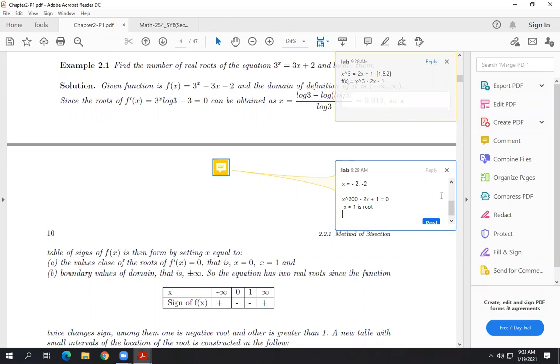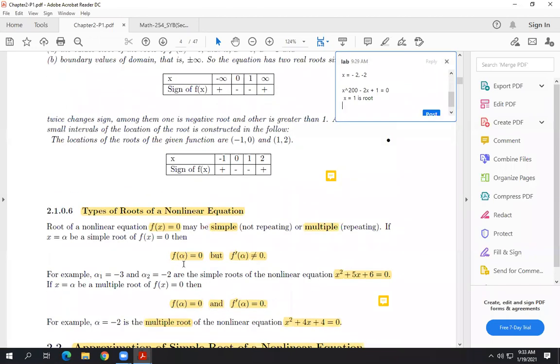So to factorize to check for a simple or multiple root is not an easy job. It is easy only when you are dealing with a very simple polynomial equation. So for this one, I give you a very simple condition: when you know the root alpha, you can check whether it is a simple or multiple root. Just take the derivative of the function.